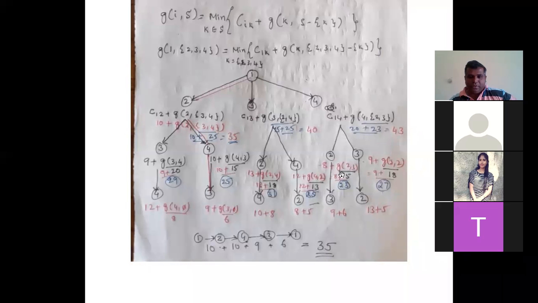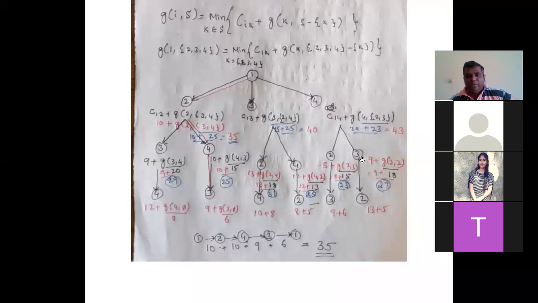So G of 2 comma 3 is nothing but C 2 3 plus G of 3 comma empty. 3 to 1 is 6, so 9. C 2 3 is 9, so 15. G of 2 comma 3 is 15, plus 8 we will get 23. Node 2 is 23. Similarly, node 3.